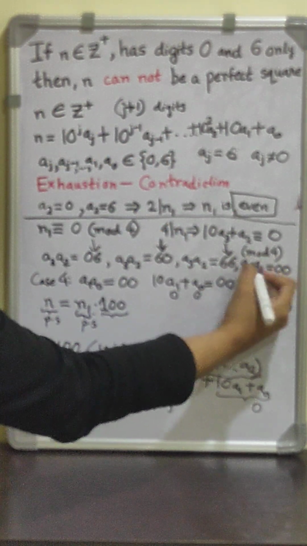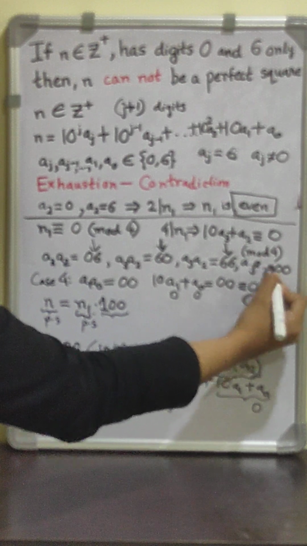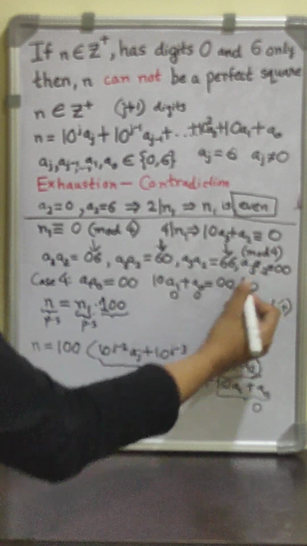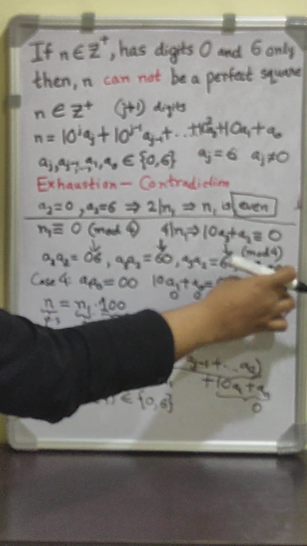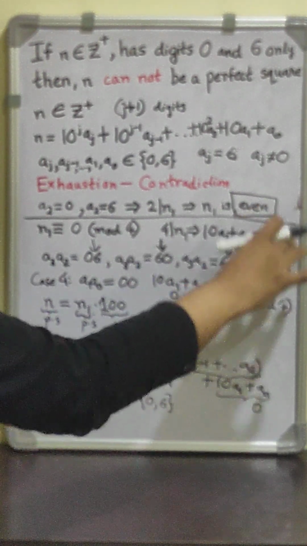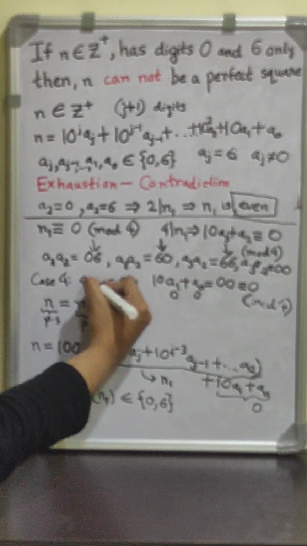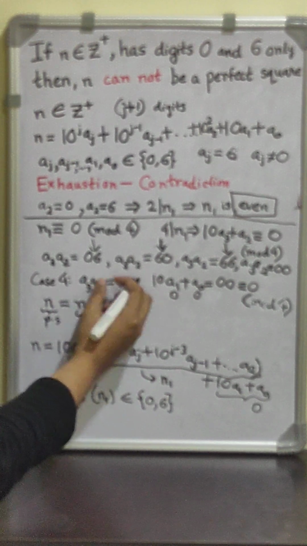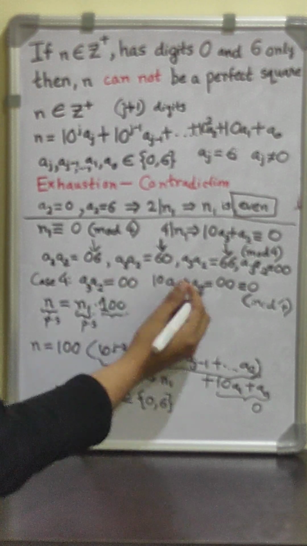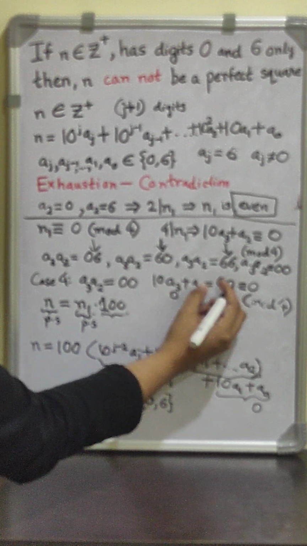Sorry, this is a3, a2. We can use the same to contradict for n1, except for this case again. So I was stuck here for n, and I'm also stuck here for n1, because these cases 1 to 3 for n1 will just follow n, but case 4 for n1 will land me exactly where I had landed for n.